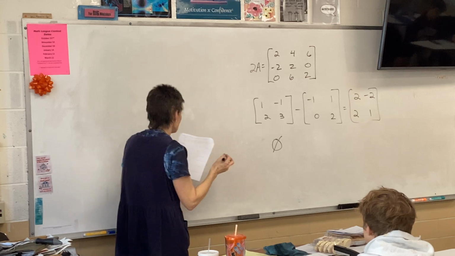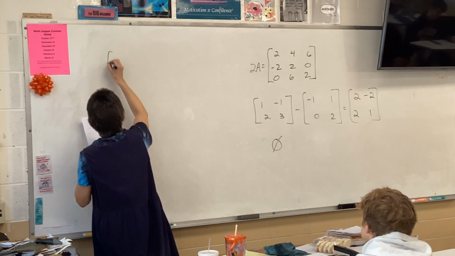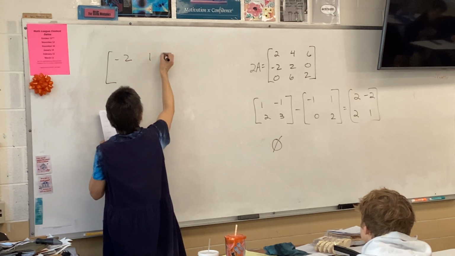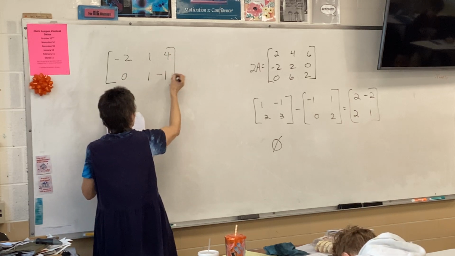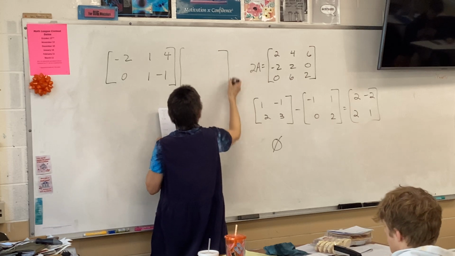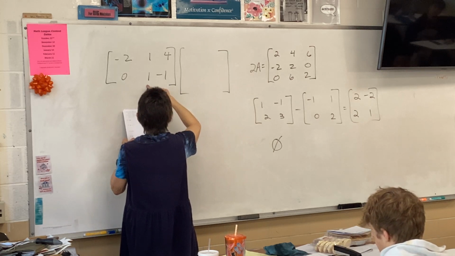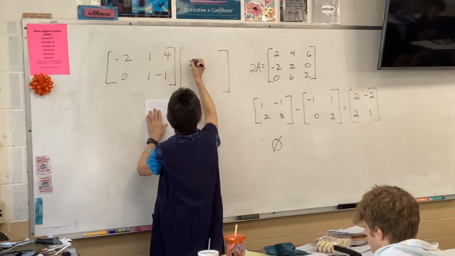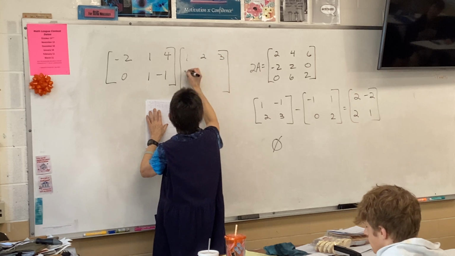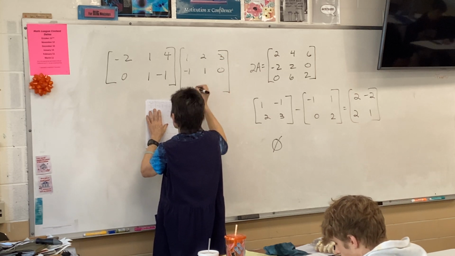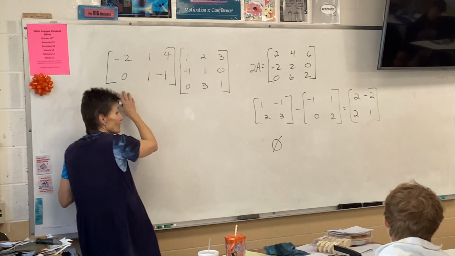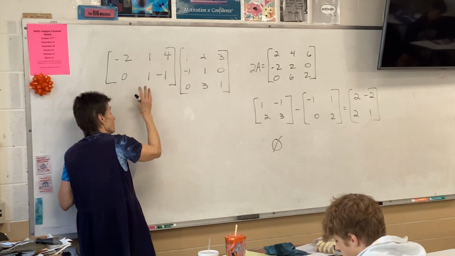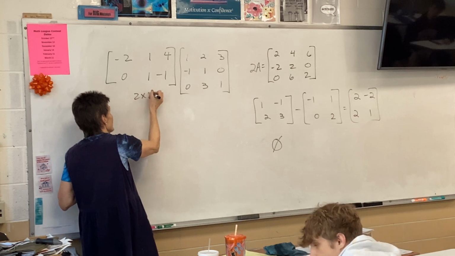All right, how about D times A? Yes. Now you gotta do it in that order, so I wrote D first, and now I'm writing A. I hope this is doable since I've written it out. What are the dimensions? 2 by 3.